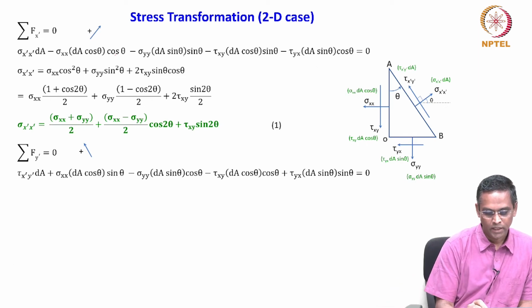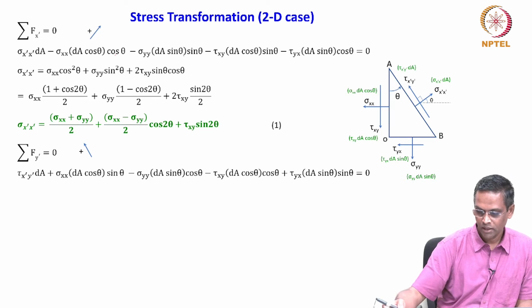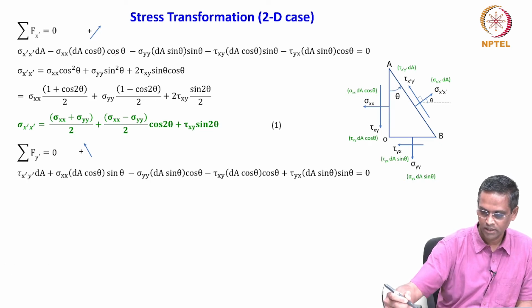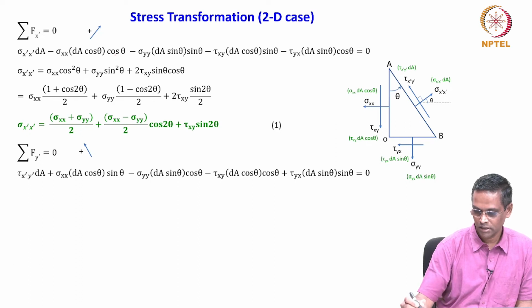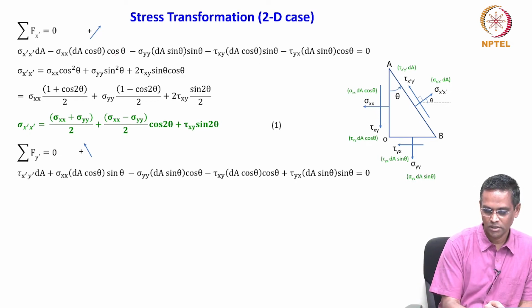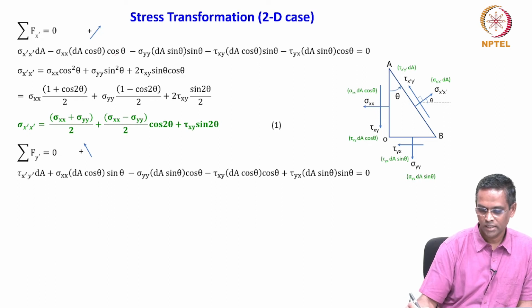Then minus sigma yy dA sin theta cos theta and minus tau xy dA cos theta cos theta. The rest is the same in orientation, but the tau yx dA sin theta sin theta changes the direction, similar to normal stress. So this is another equation.